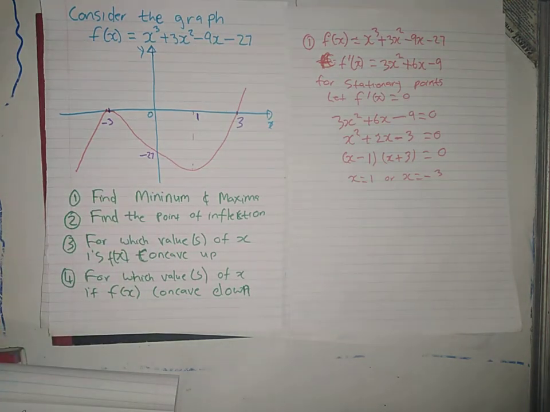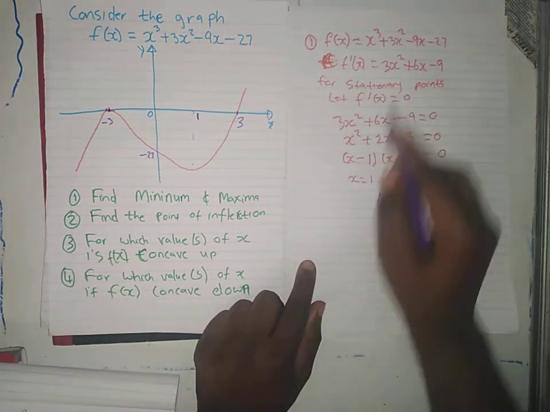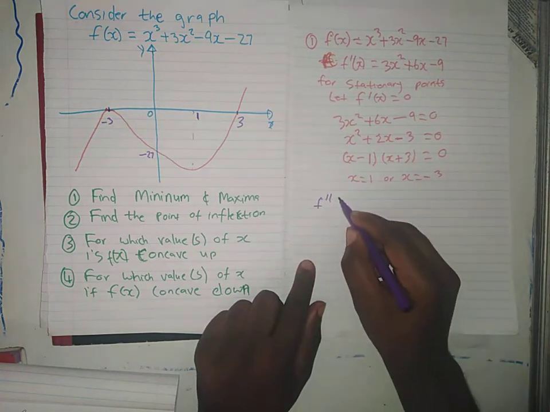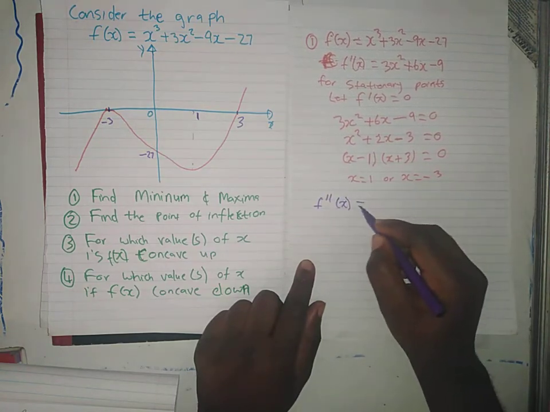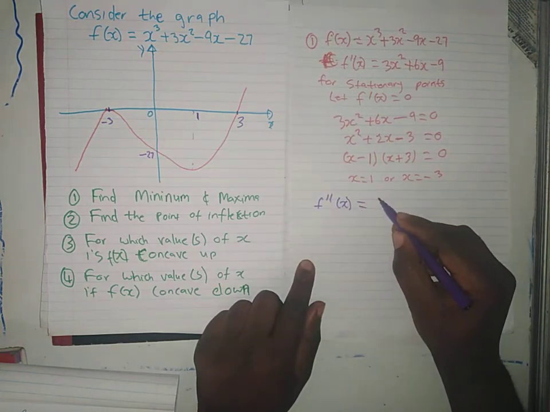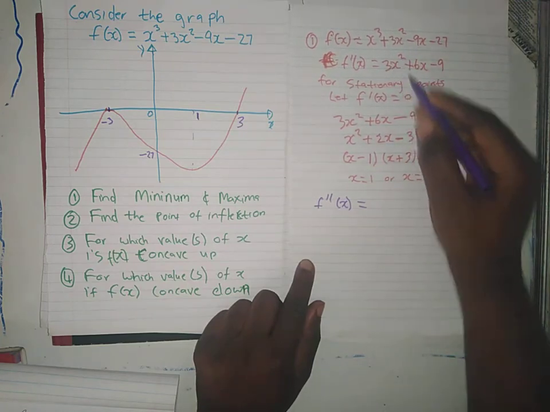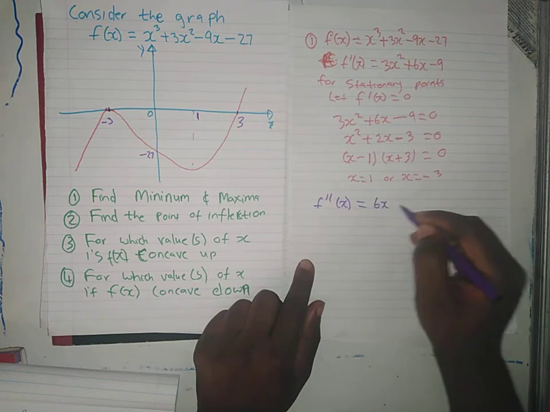But at the same time, you still need a proof to show that. How do you prove that? You prove that by taking the second derivative. You already have the first derivative, and then you say f double prime at x, which gives you 6x plus 6.